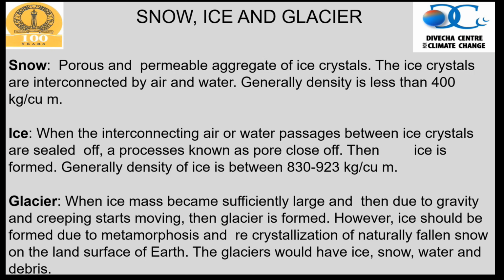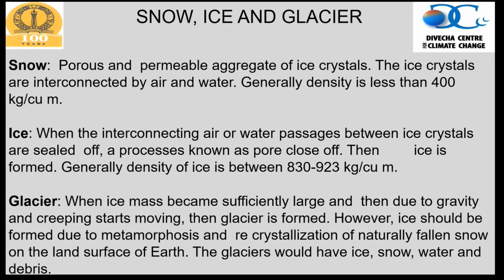And then what happens in nature in a high altitude region is that when the ice mass becomes sufficiently large, then due to gravity and creeping because of internal deformation, the glacier is formed.